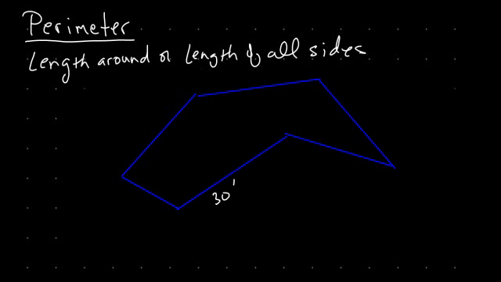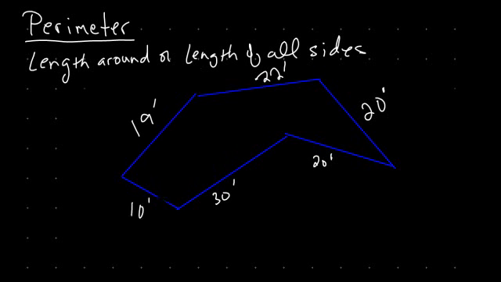The piece adjacent is about 20 feet, and let's say this piece is 20 feet as well. This piece is 22 feet, this piece is 19 feet, and then we have a side down here that is about 10 feet.